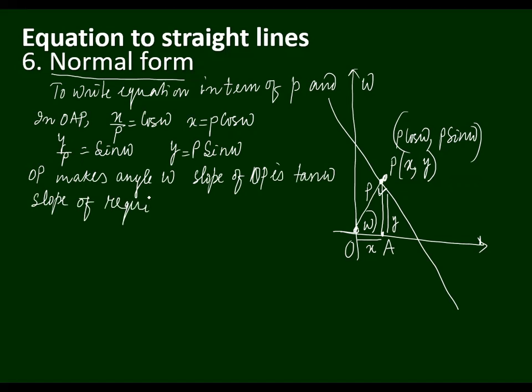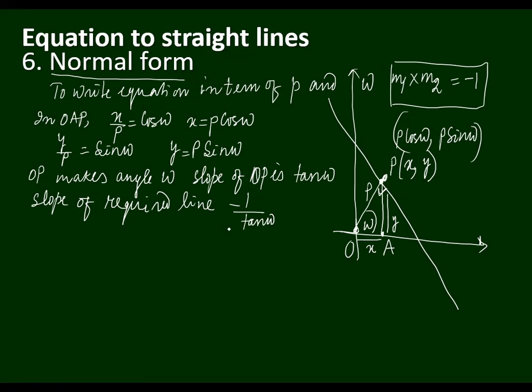It is the negative reciprocal of it, so minus 1 by tan omega, because when two lines are perpendicular, m1 into m2 gives you minus 1. So one is the negative reciprocal of the other. We have already discussed this in the last video. So this will be minus cot omega.